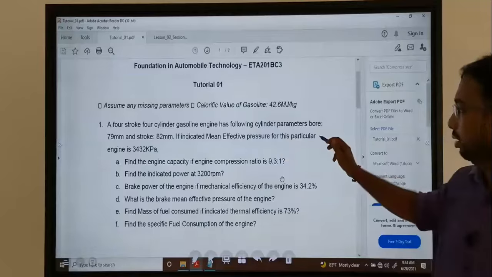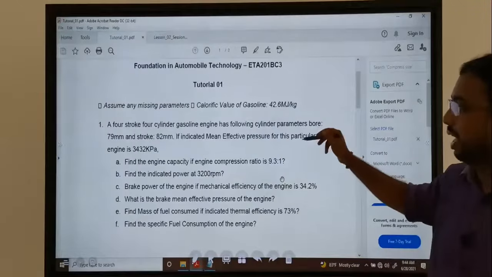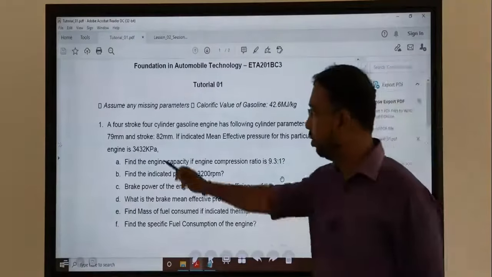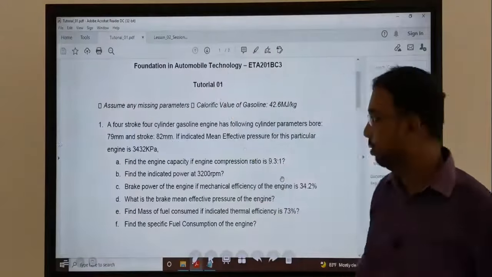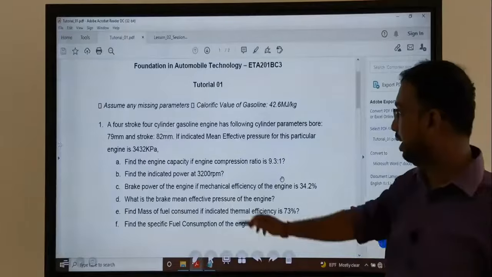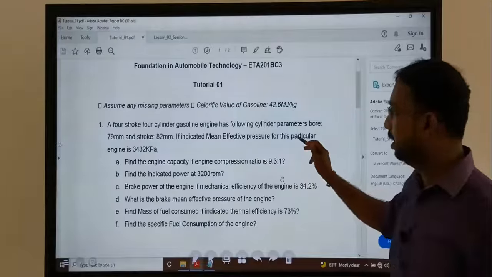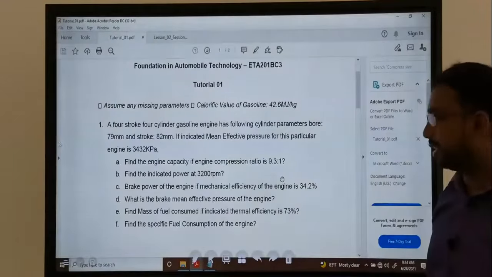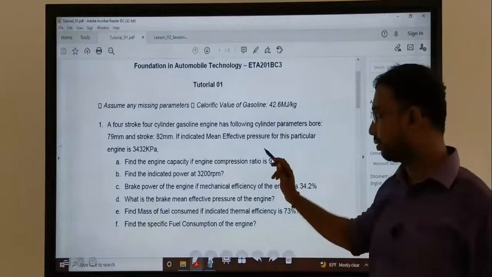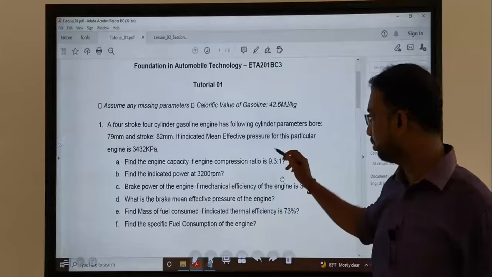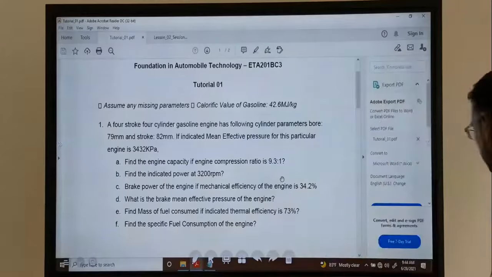The bore diameter is 79 millimeter and the stroke length is 82 millimeter. The indicated mean effective pressure for this particular engine is 3432 kilopascal. So find the engine capacity if the compression ratio is 9.3 to 1.